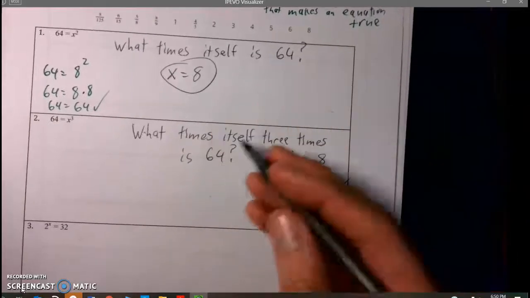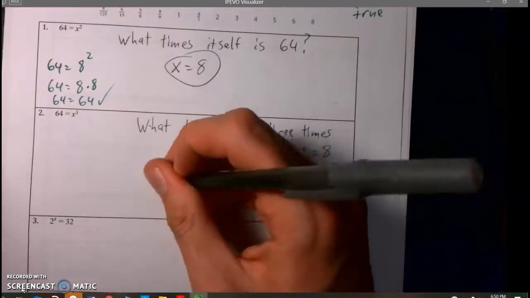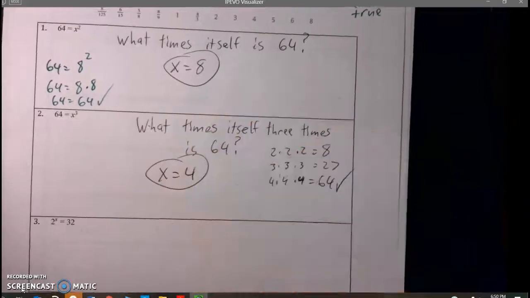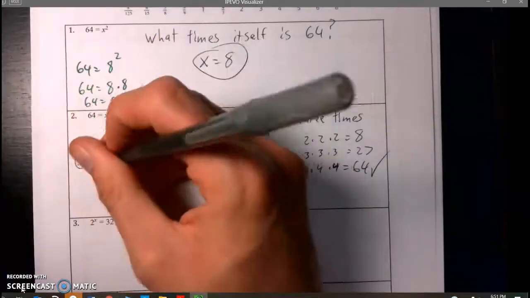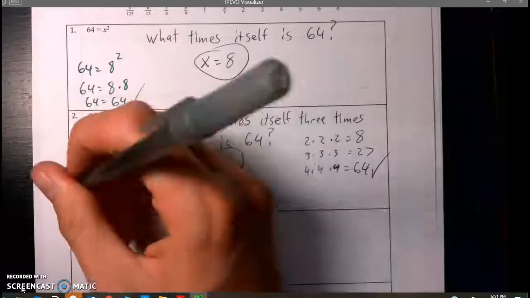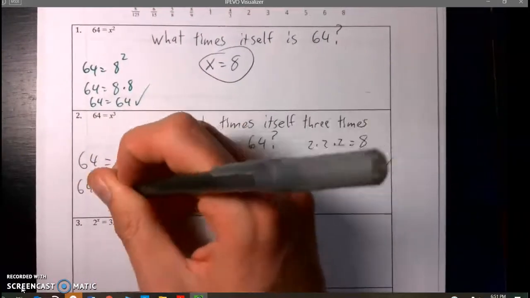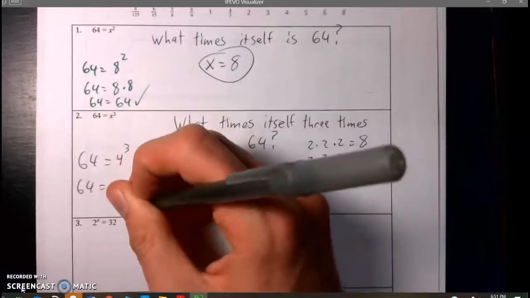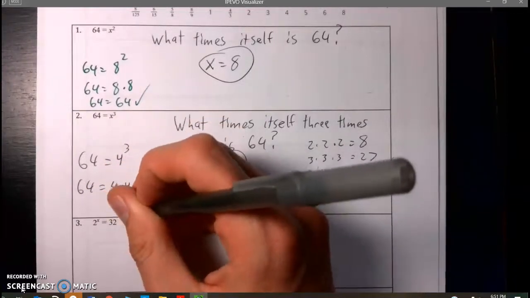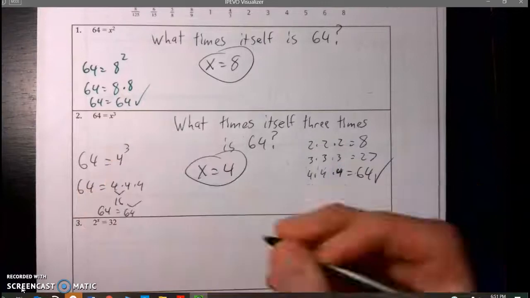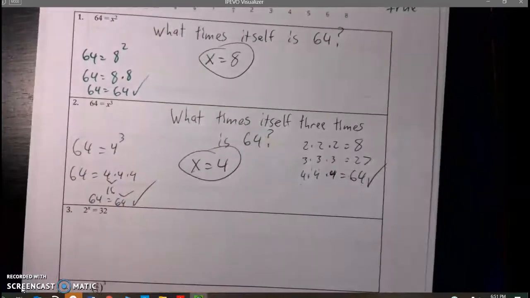So that's the one. So what times itself 3 times is 64? That would be our value for x, 4. Once again, we substituted that in. And we did 4 times 4 times 4, that expanded form, 16, and then multiplied 16 by one more 4. We would see that both sides of our equal sign are equivalent, so it works.